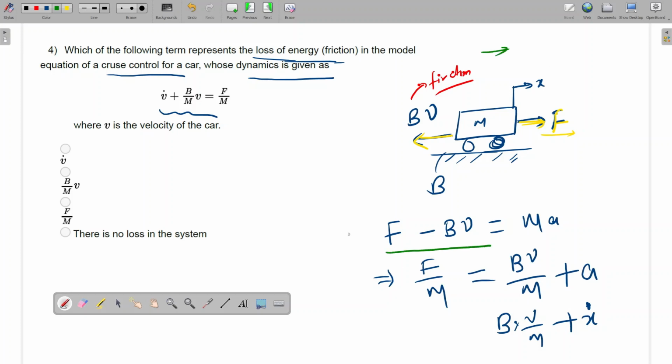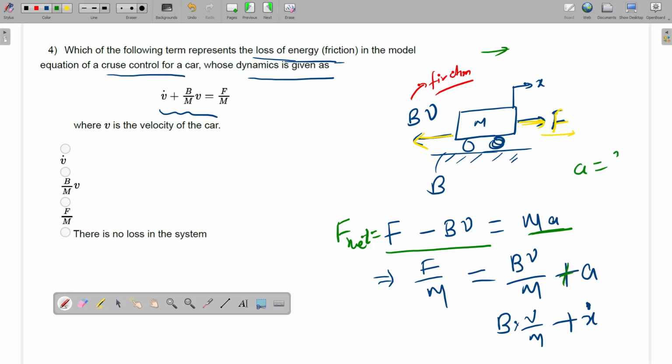So F net should be equal to mass into acceleration. Rearranging this equation, F by M will be equal to VV by M plus A. And what is A? This is acceleration.